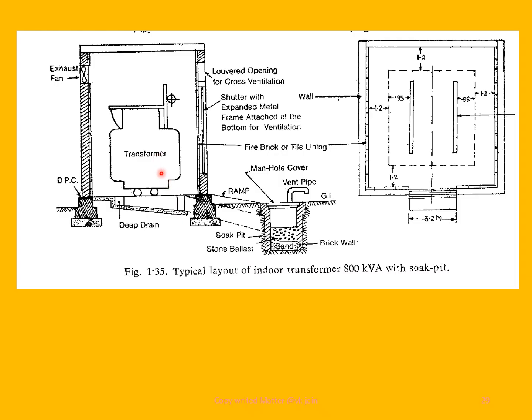So the leakage oil has to be drained off, and after draining, it goes into a soak pit, and the soak pit has sand and stone ballast for soaking the oil. This is a permanent feature, and this is the vent pipe, and a ramp is provided.